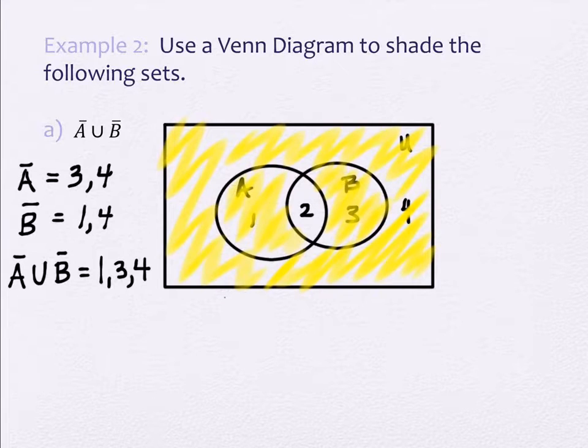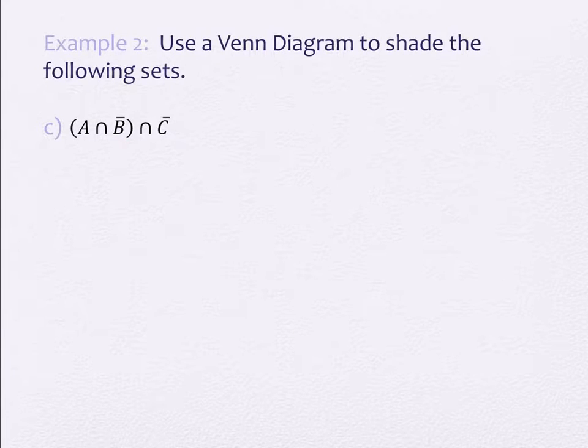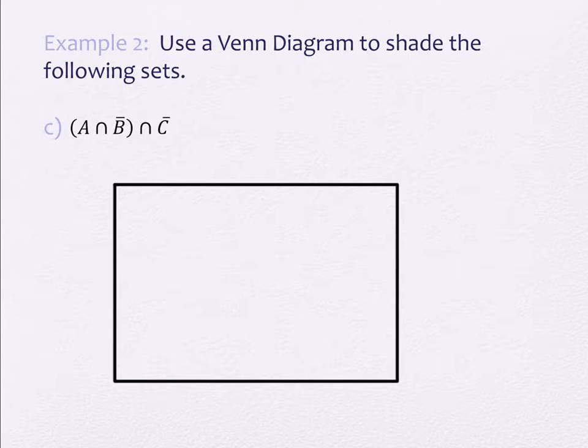I've got another one, but before I go on, any questions on either part A or part B done in the backwards order? Okay, let's give another one a try. C. 3 sets, so I'm going to create 3 circles inside of my Venn diagram.